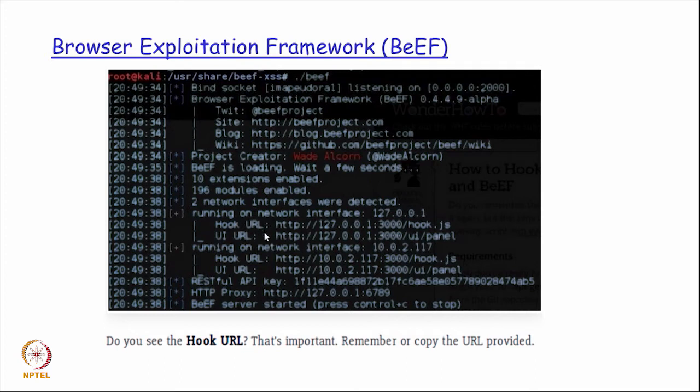This is the URL that we need to remember, because this URL is the one that is to be used first from the browser, before which this particular attack will not be possible. And then there is another URL given as a UI URL, which is typically used initially for logging in.